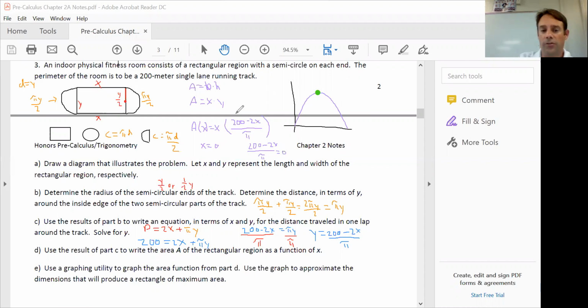Well, it turns out one of my x-intercepts is going to be 0. But I'm going to have to figure out this other one to see where it is located.